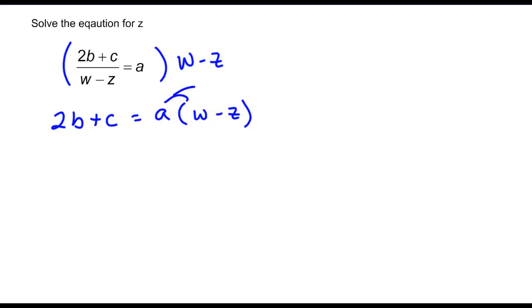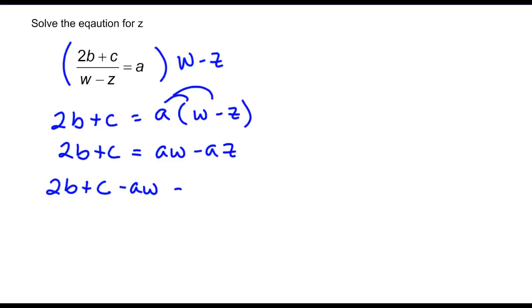I'll distribute the a in, getting 2b plus c is equal to aw minus az. Subtract aw from both sides: 2b plus c minus aw is equal to negative az.